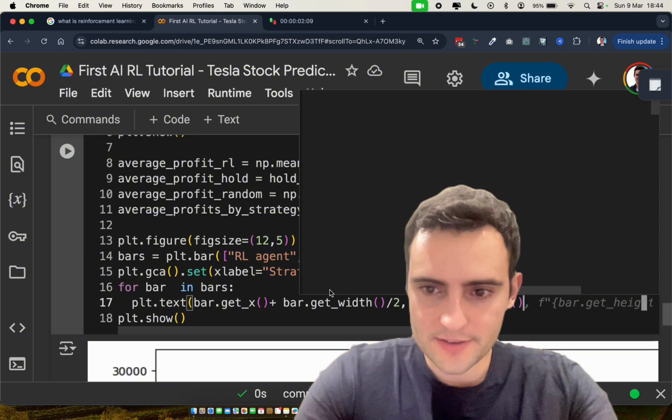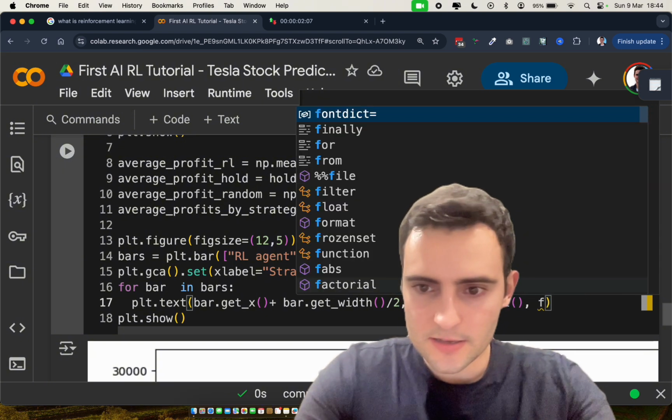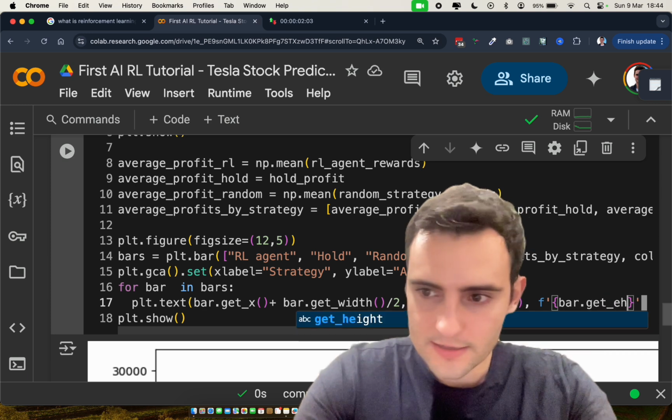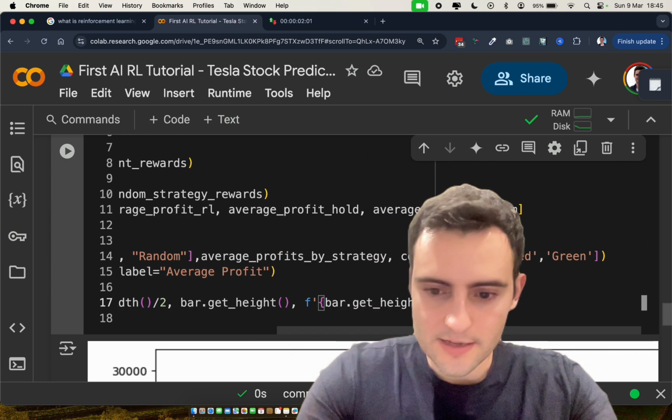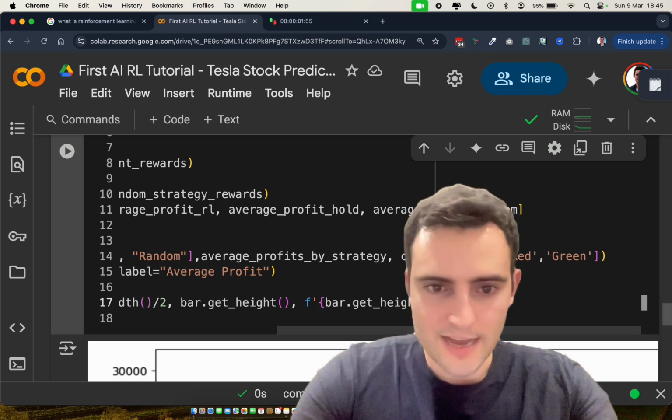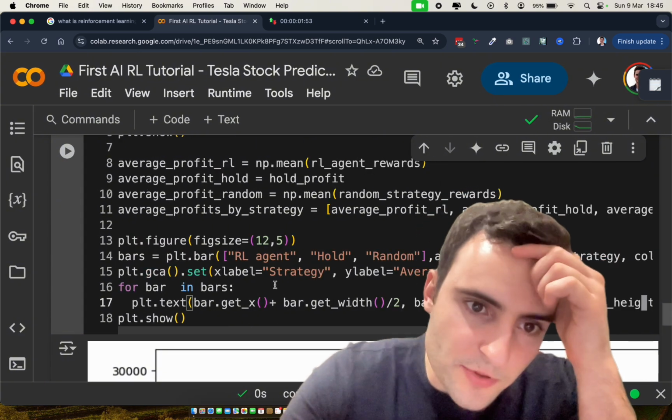And then we do f bar.get_height, and then we do .2f, and that's it. That should pretty much give us the profits.